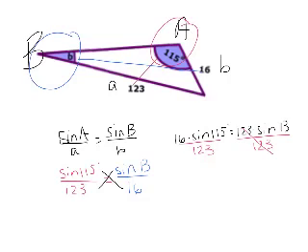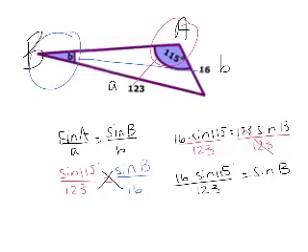They'll reduce on this side, and I'm left with all of that stuff is equal to the sine of big B. Since I want to get B all by itself, I need to undo sine, so I'm going to take the sine inverse of both sides. Sine and sine inverse undo each other. And I'm going to type all of this into my calculator. So I take the sine inverse of 16 times the sine of 115 degrees divided by 123, and that leaves me with 6.77 degrees for B.